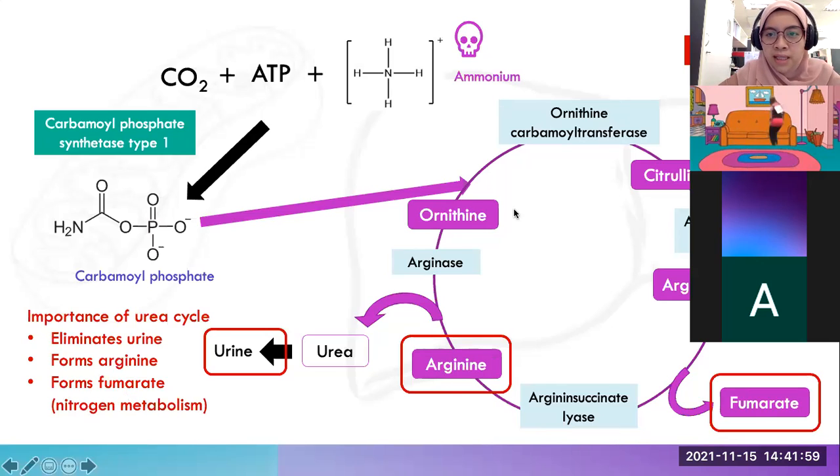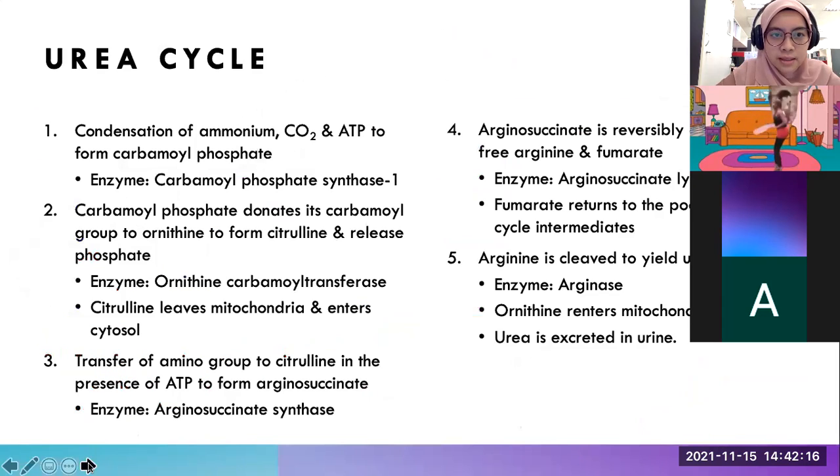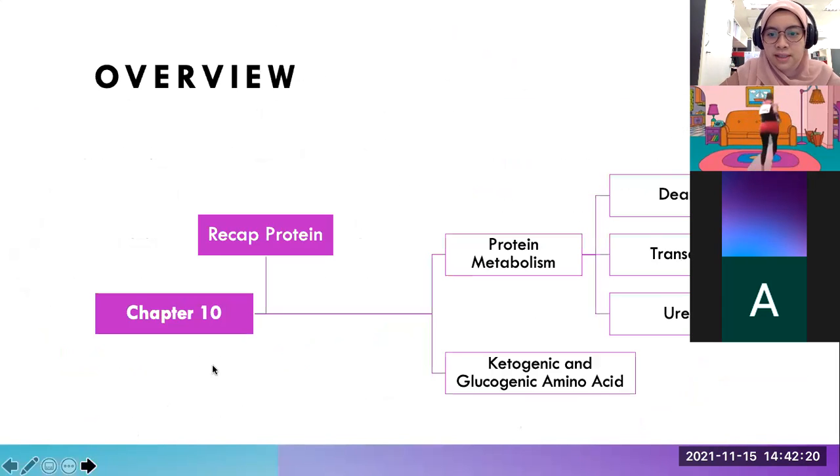The main significance is to eliminate ammonium ion, and it can also form other types of amino acid that will be reused in other metabolism in our body. This is the written form of it, you can go through it later.